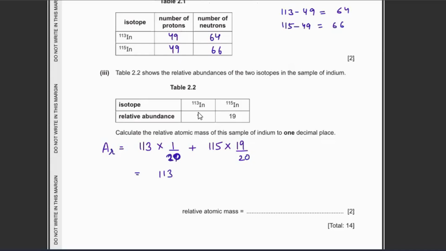So this is 113 by 20 plus 115 into 19 by 20. And this gives you about 114.9. So the answer is 114.9. This is the relative atomic mass.